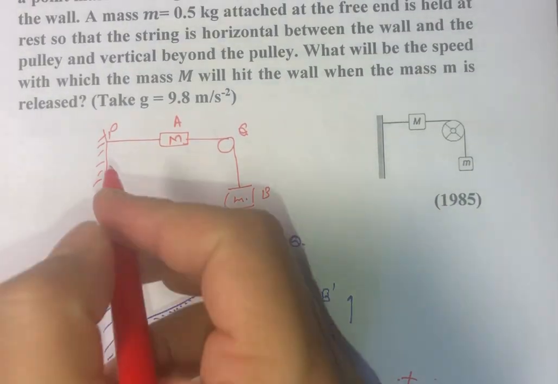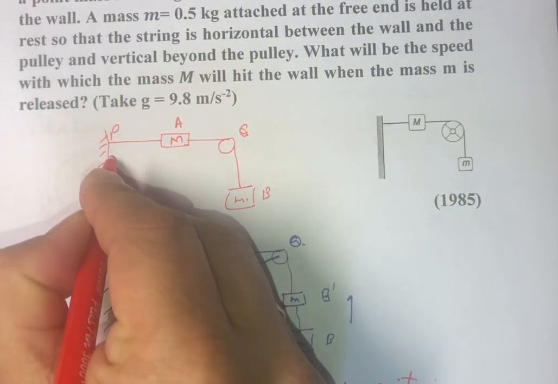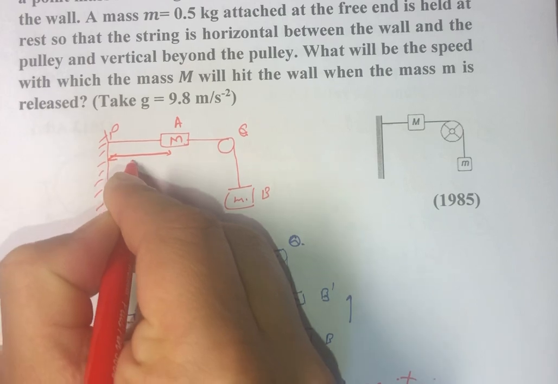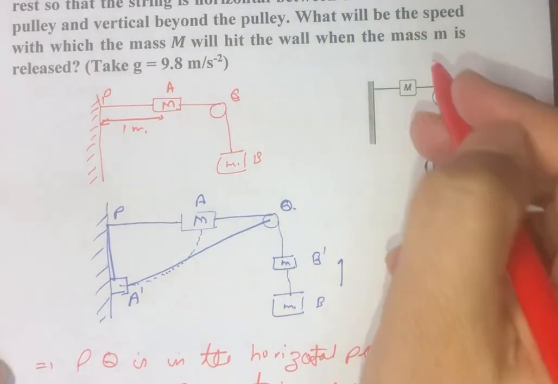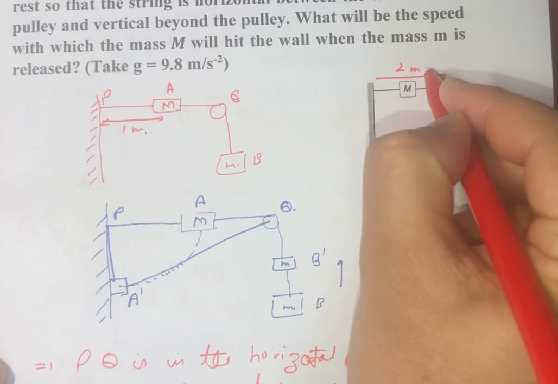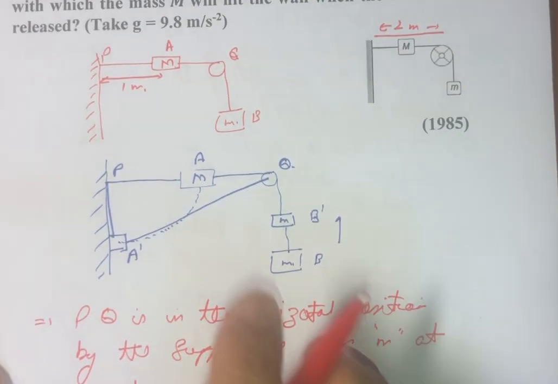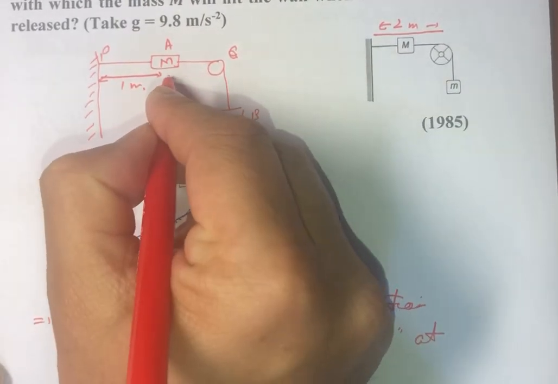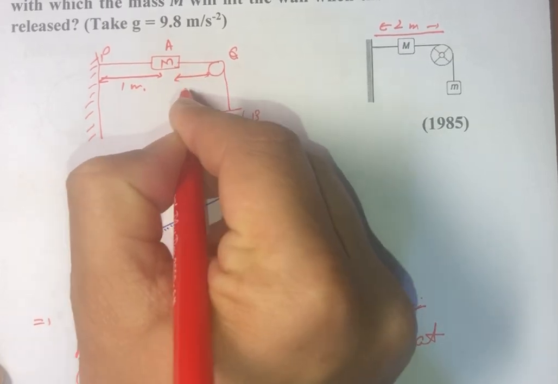The distance from the wall is given as 1 meter, and the total length is given as 2 meters, so this will be 1 meter as well as this will also be 1 meter.